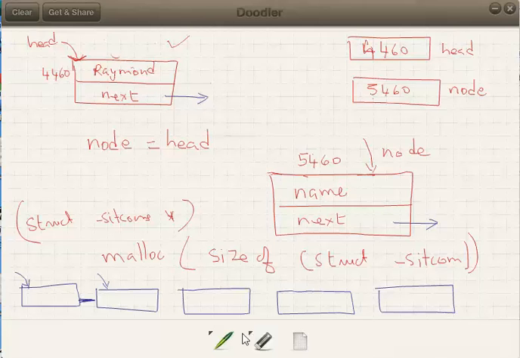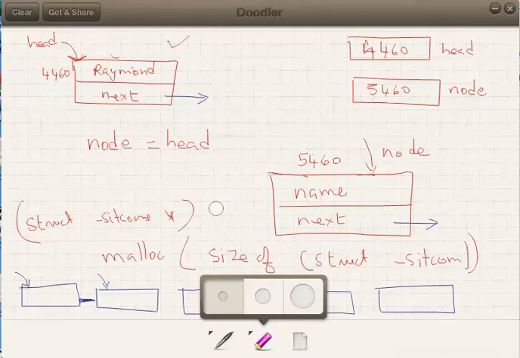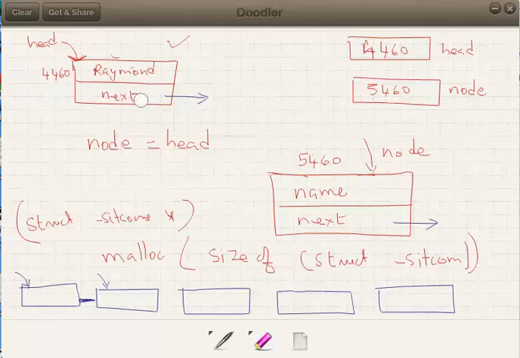That means we have to store in this pointer the address of somebody. We can store 5460 right there. How would I do that? How do I get to this member? Head dot next, right?